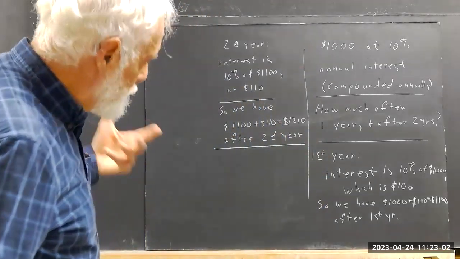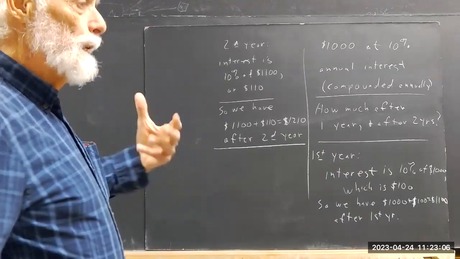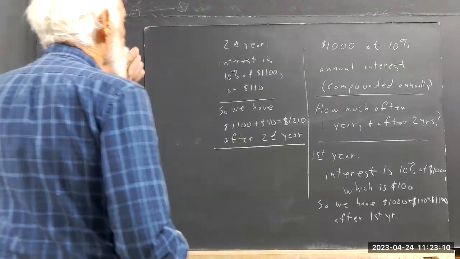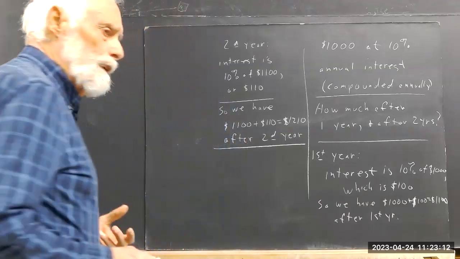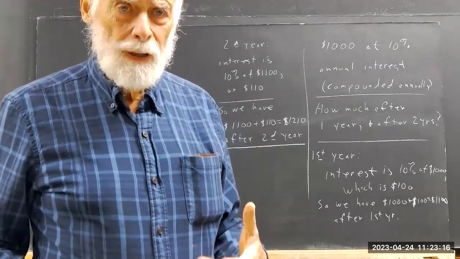Now we're going to set this up algebraically and express everything algebraically, but let's first see how much we have at the end of 1 year if we split that 10% up.